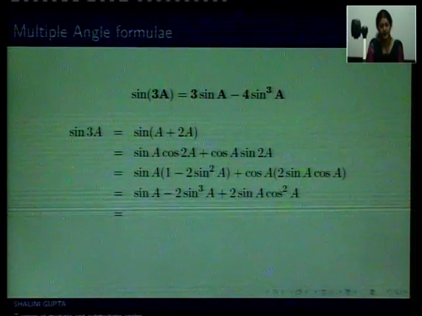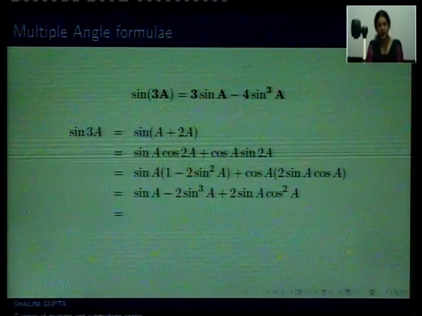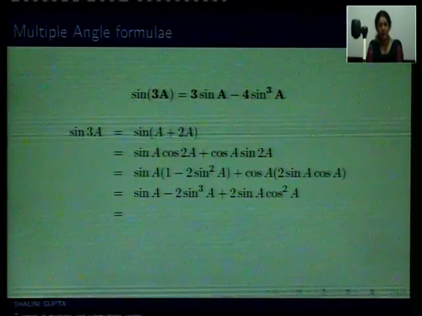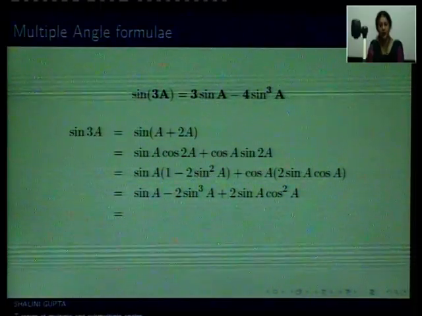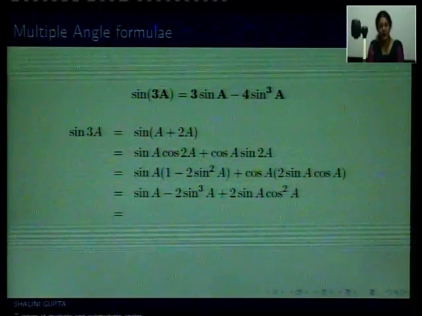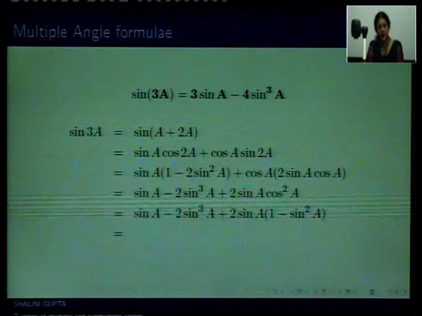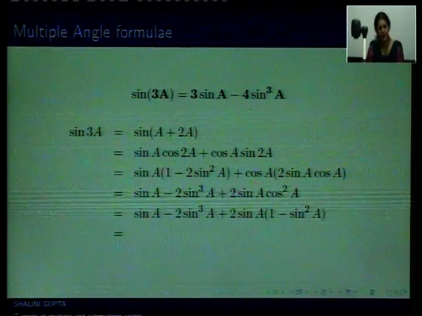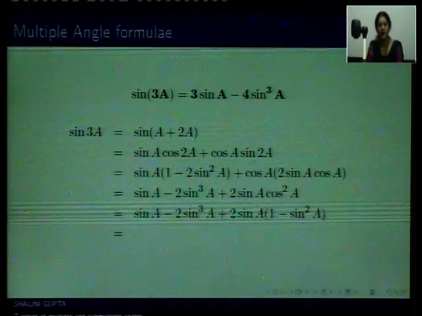Now again we can simplify this. We know that cos square a plus sin square a is 1, so cos square a is equal to 1 minus sin square a. I put here cos square a as 1 minus sin square a. So this expression for sin 3a becomes sin a minus 2 sin cube a plus 2 sin a times 1 minus sin square a.